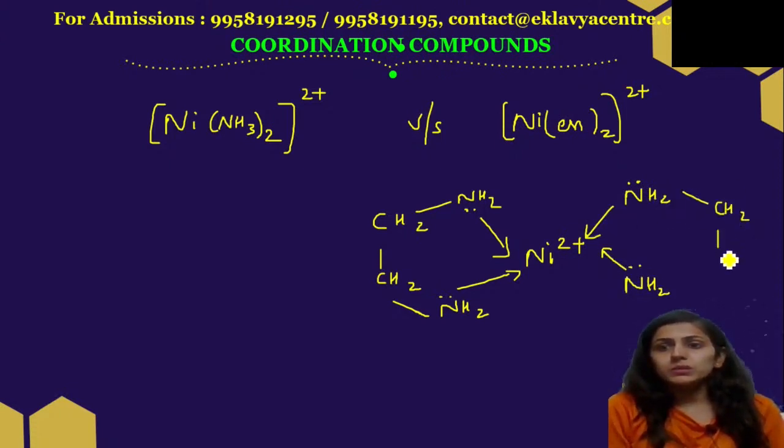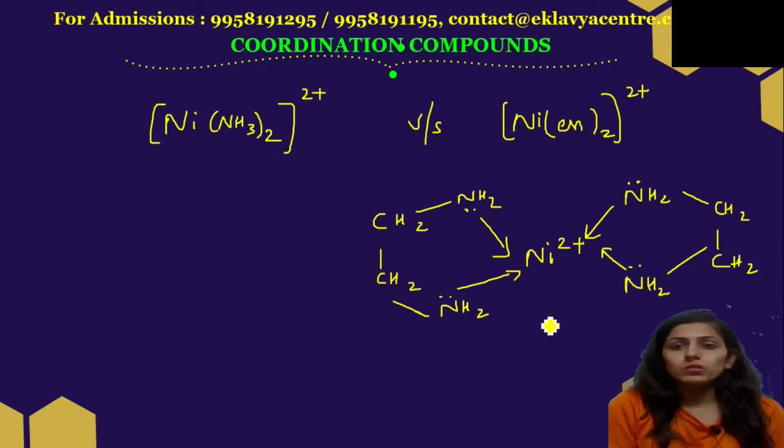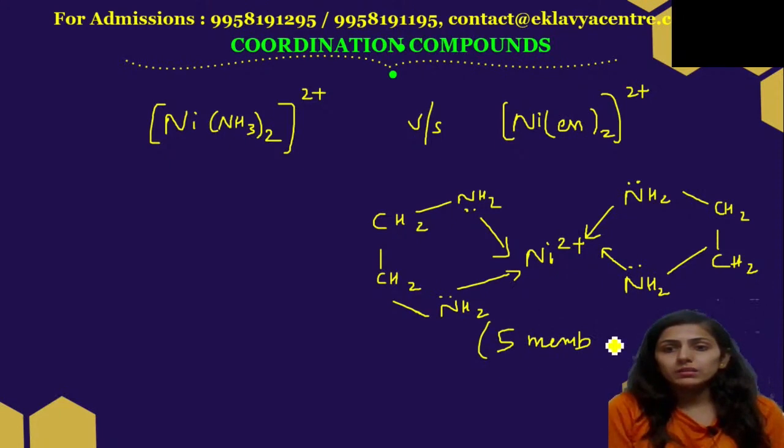So can you see ring-like structures, formation of chelates, or you can say chelation? There is formation of 5-member rings. Yes, 2 5-member rings are formed.